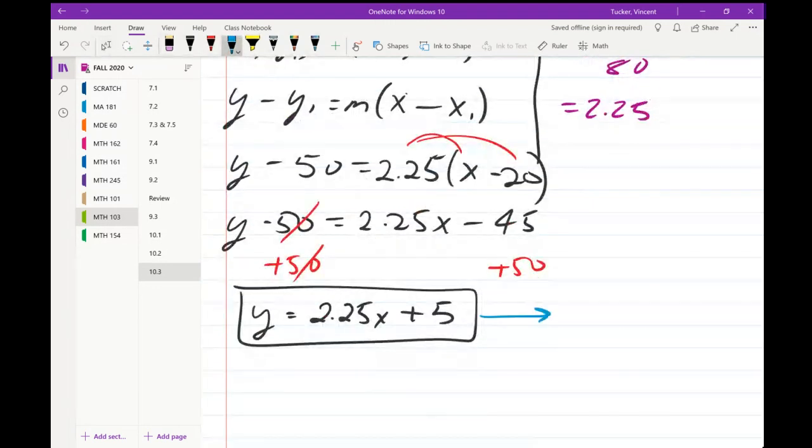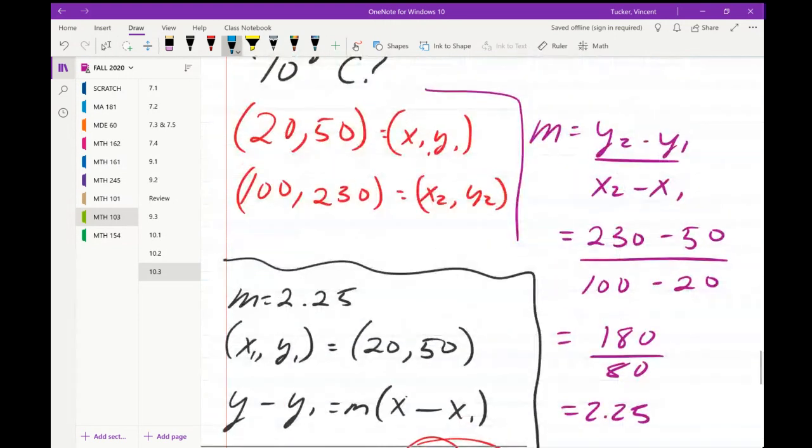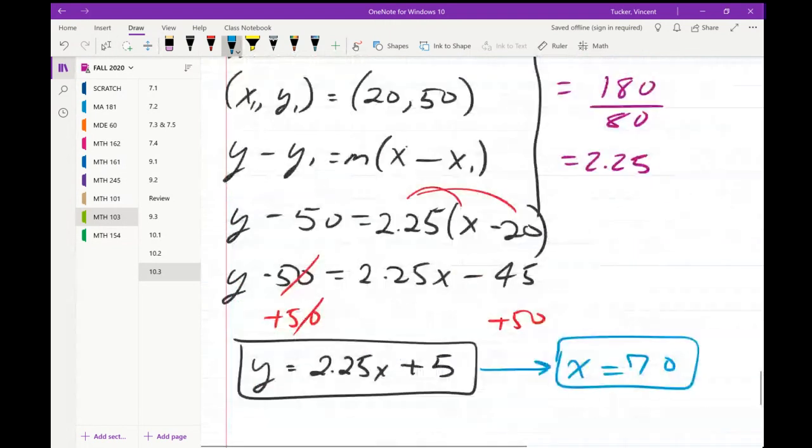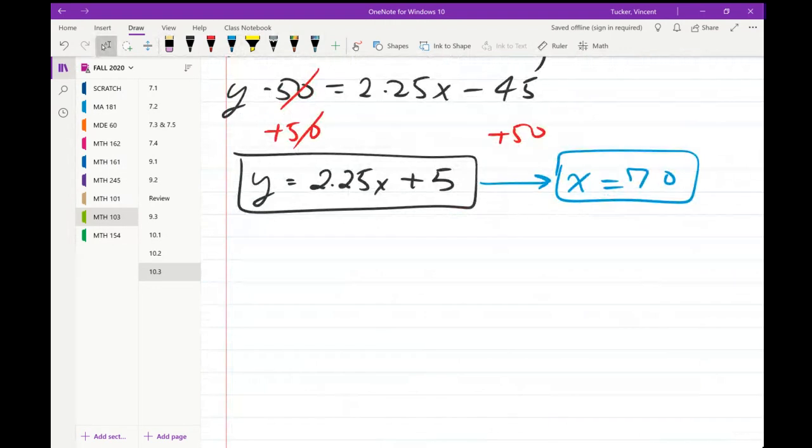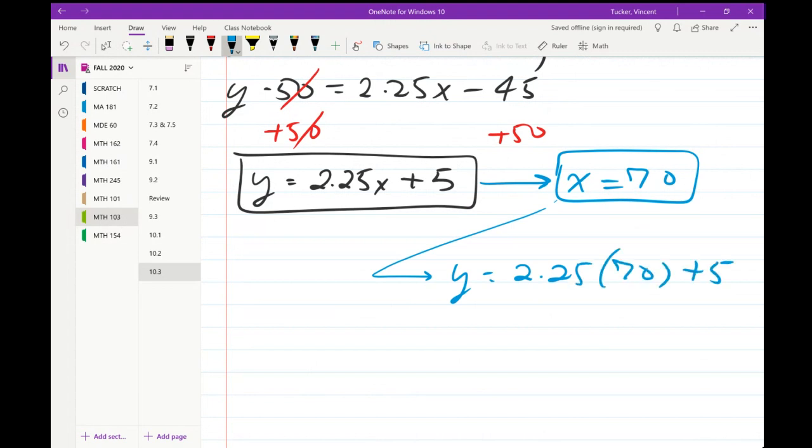All right, so now to finish it off, we let x be equal to 70, because the temperature is 70. So we want to know how much would dissolve in 70 degrees Celsius. So plug 70 in for x.